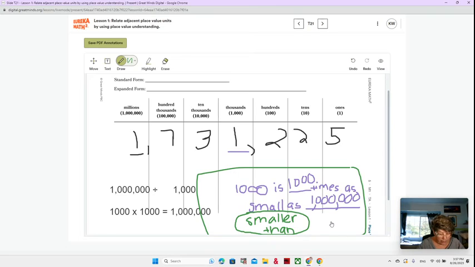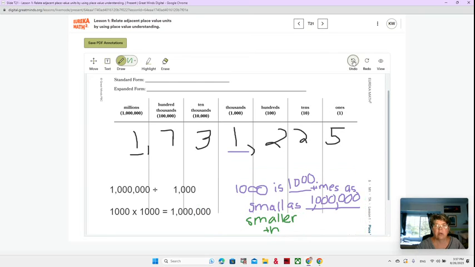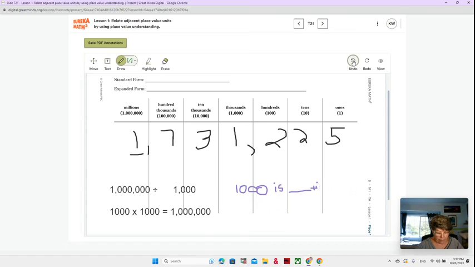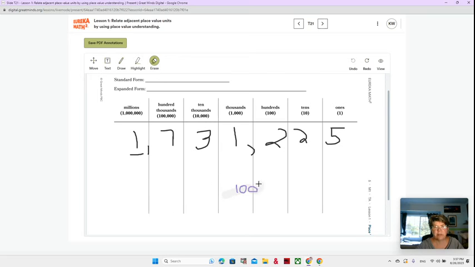Okay, and we're moving on to looking at some other totals on our place value chart. So we're going to clean this off, and continuing on the back of page 3, we're going to be working with another one of our numbers, one we worked with at the beginning of class.